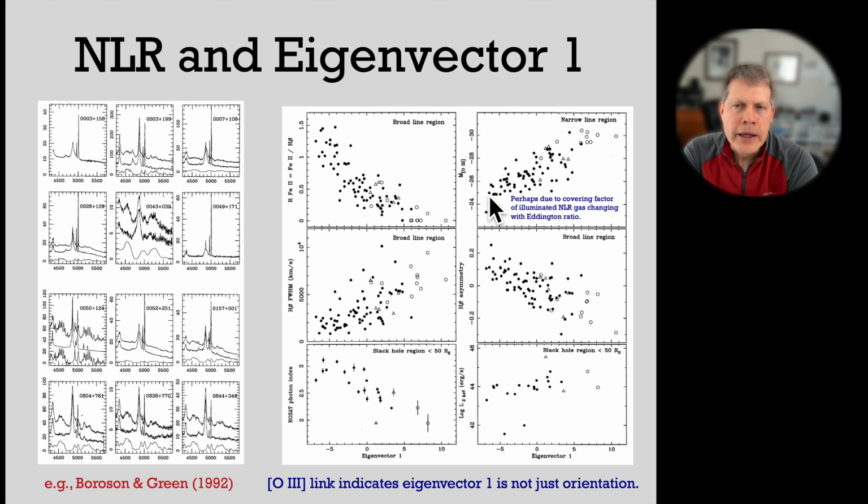So over here, these systems have a structure on small scales that collimates the ionizing radiation and allows less of it to reach out to the narrow line region. That's the basic idea for why that is the favored interpretation, although there's still some uncertainty and debate there as to why the O3 gets very weak when you dial up the Eddington ratio.